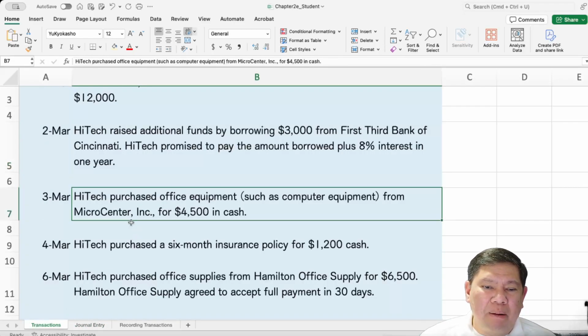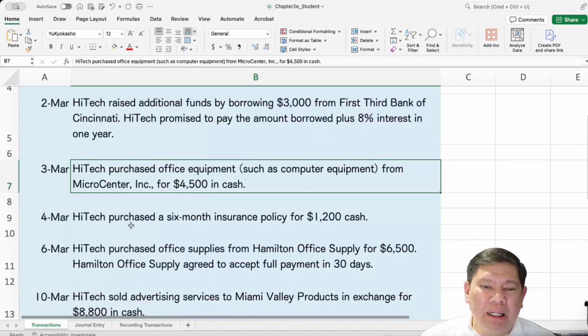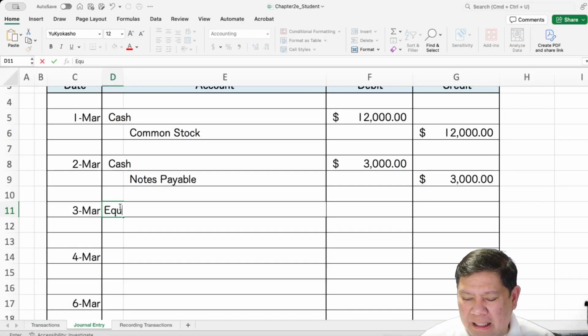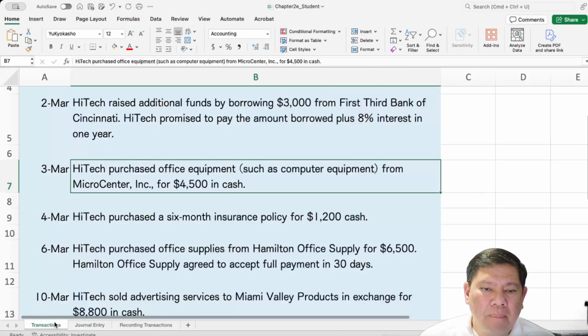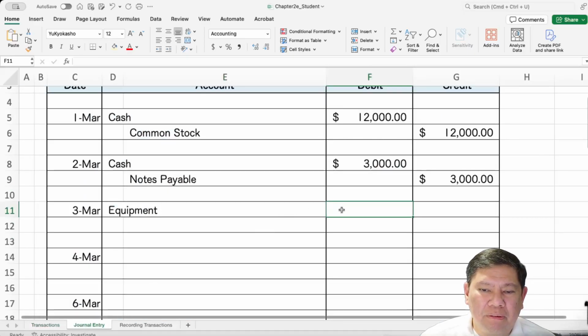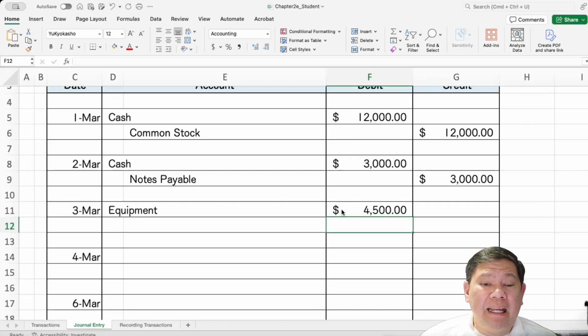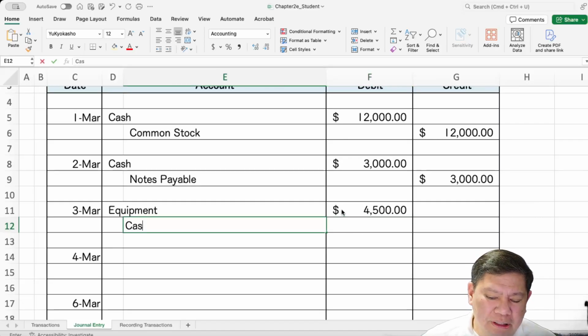March 3rd, the company purchased an office equipment, $4,500, and paid cash. So equipment goes up by $4,500, and they're paying cash, so cash goes down.